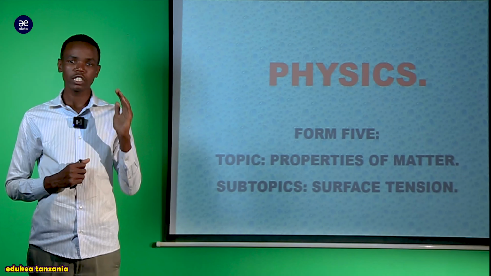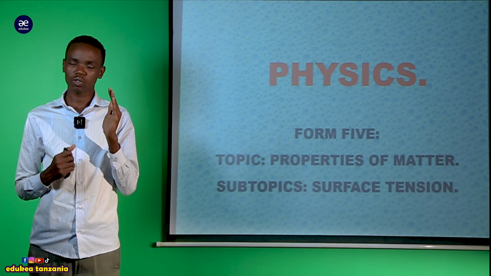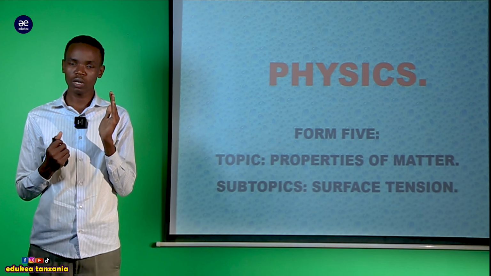On the last session, my dear student, we tried to explain how we can measure the surface tension of the liquid using the capillarity methods. That is what we looked at on the last session. Finally, we proceeded on how we can determine the angle of contact.